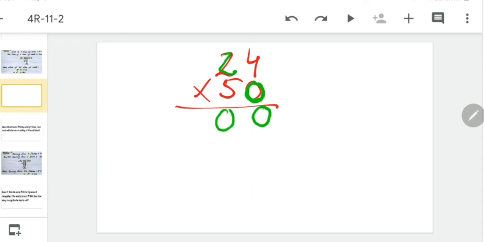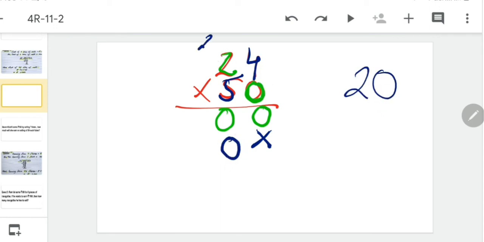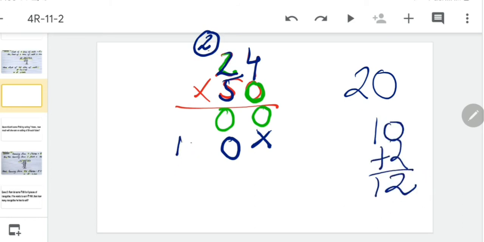So the answer is 0 again. Now for 5 we have to put cross here. 5 multiplying with 4, we will have 20. So we will write 0 here and 2 here. Now 5 multiplying with 2, we will have 10 and we have to add this 2 here. So it will become 12.